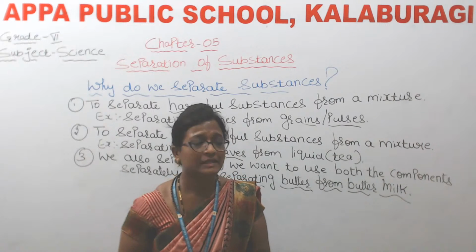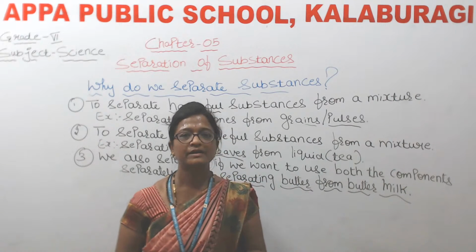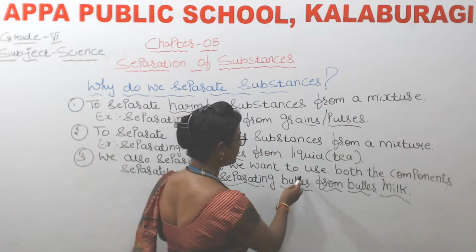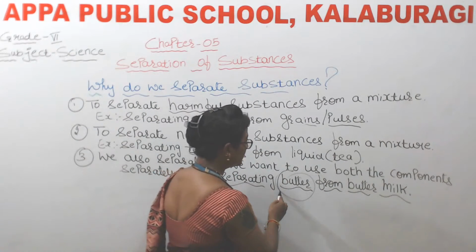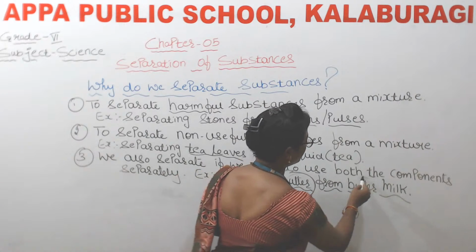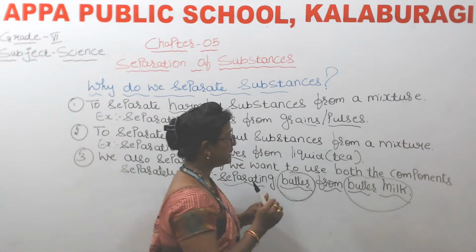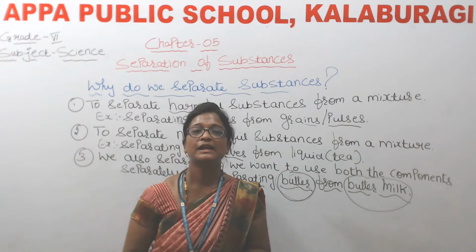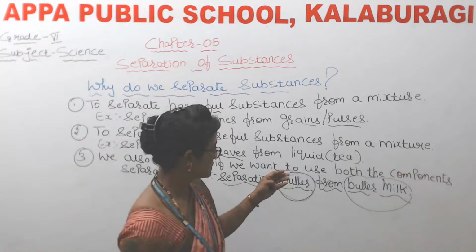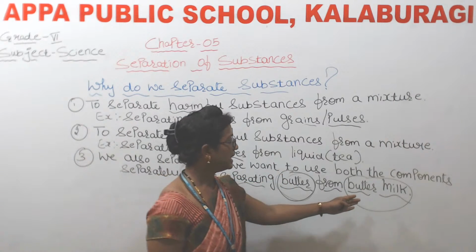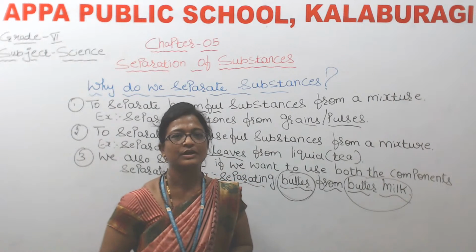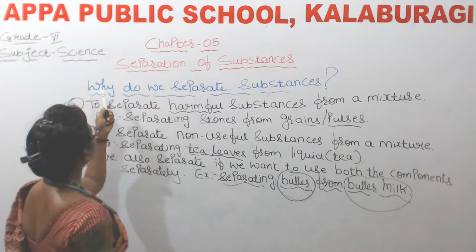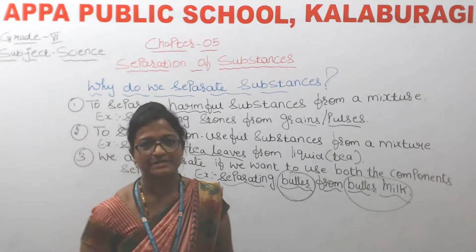Now you all might be thinking, is it necessary to separate? Obviously, because we need butter. So butter is separated from buttermilk. But here both the components are useful to us, because butter we will use, and buttermilk also we will use.